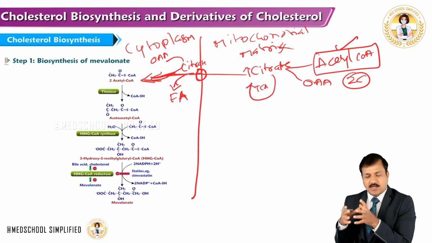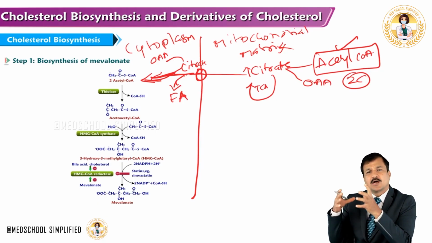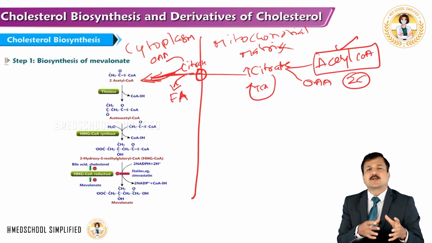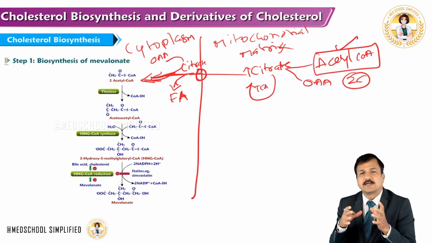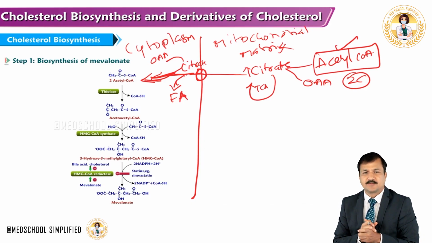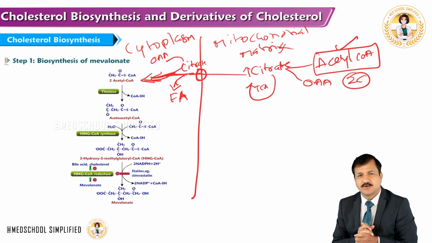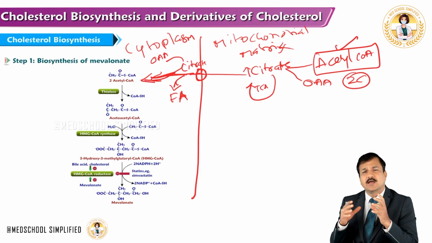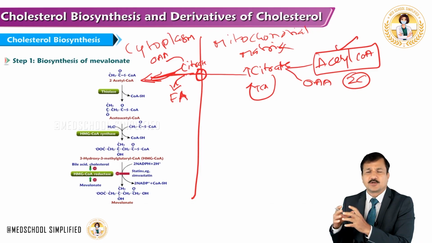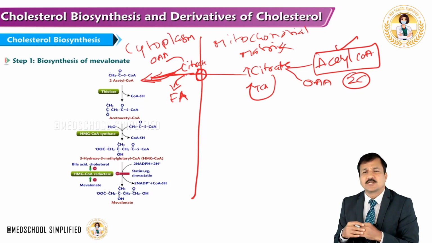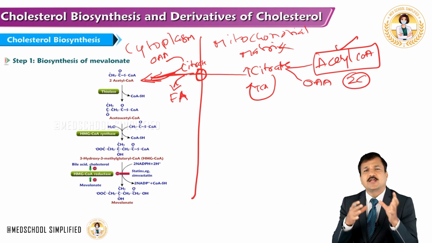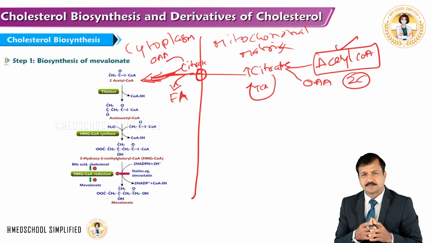So acetyl-CoA carbons are coming out of mitochondria into the cytoplasm in the form of citrate. Remember that. That's the concept you should remember. How does the citrate come out? Citrate comes out of mitochondria into the cytoplasm by a transporter called tricarboxylate transporter, because citrate is a tricarboxylic acid. It has 3 carboxylate groups, and the transporter is the tricarboxylic acid transporter.